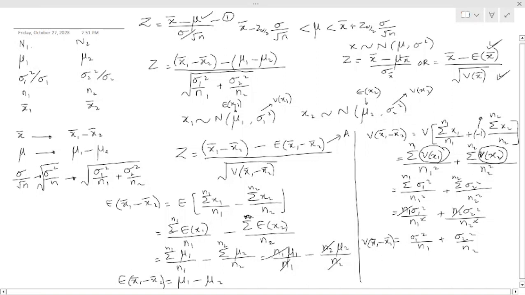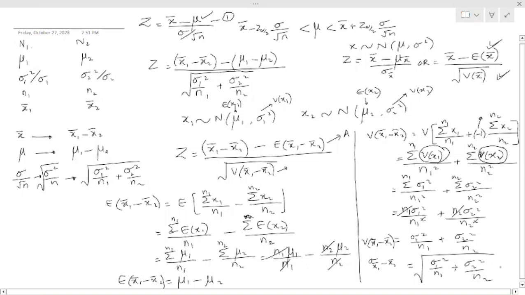Now we need to take the square root, and when we apply the square root on both sides, sigma of x1 bar minus x2 bar would be equal to the square root of sigma 1 square on n1 plus sigma 2 square on n2.